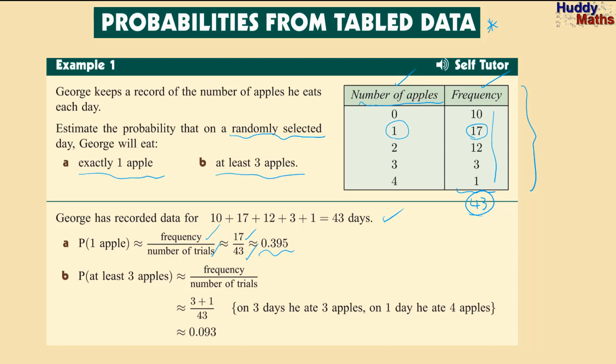At least 3 apples, at least 3. So that's this bunch down here, 3 or more. So there's 3 days on which he had 3 apples and 1 day on which he recorded 4 apples. That's 4 out of 43. Remember, it's the frequency over the total number of trials.